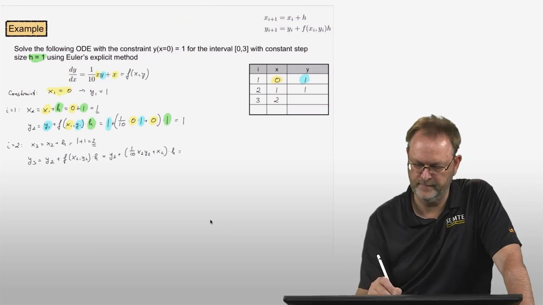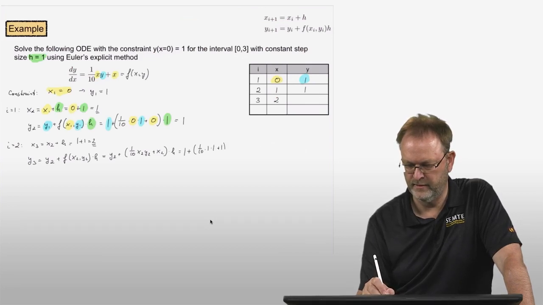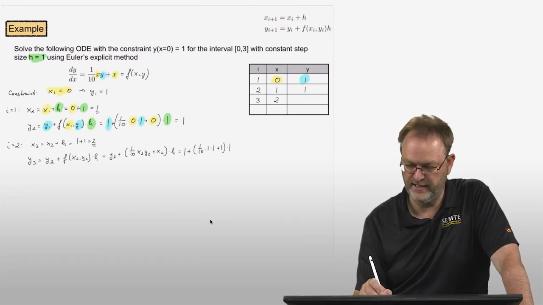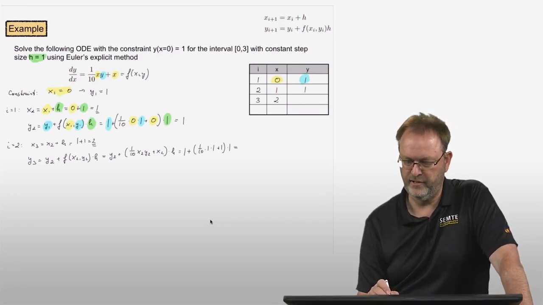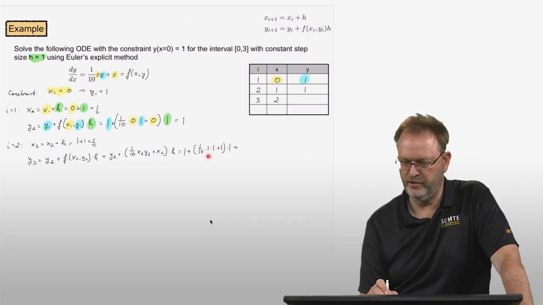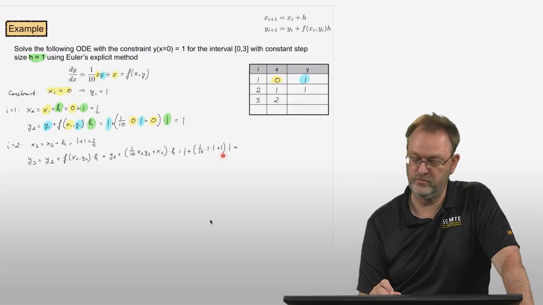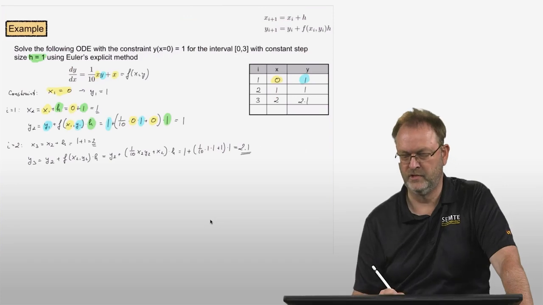Both of them are 1. So 1 plus 1/10 times 1 times 1 plus 1, times the h, which is 1 as well. So that means in here we have 1 times 1, it's 1/10 plus 1 is 1.1. 1.1 times 1 is 1.1 plus 1 is 2.1. So this is 2.1. That is the y value at i equal to 3, 2.1.